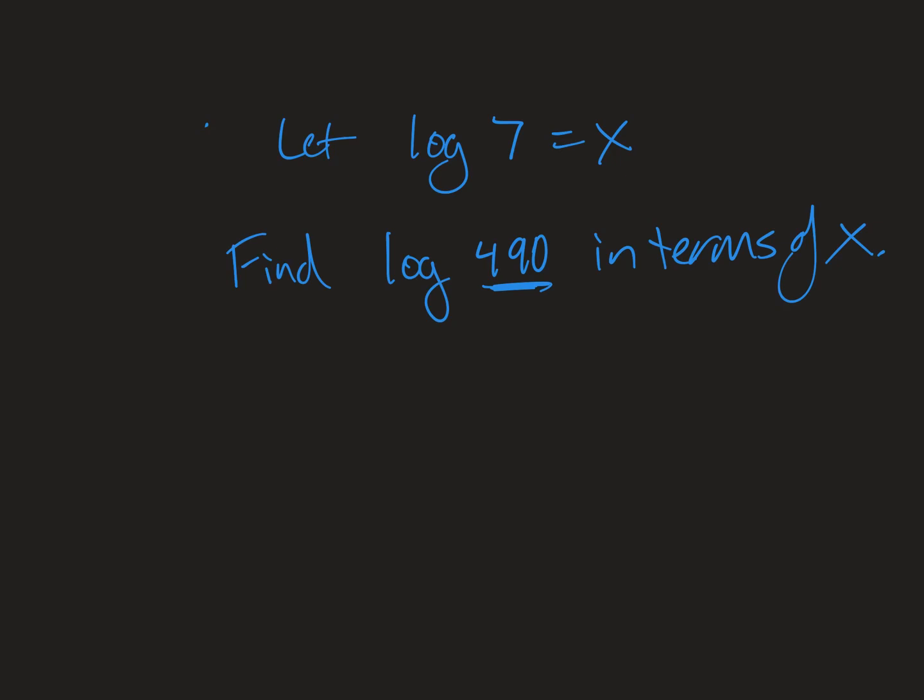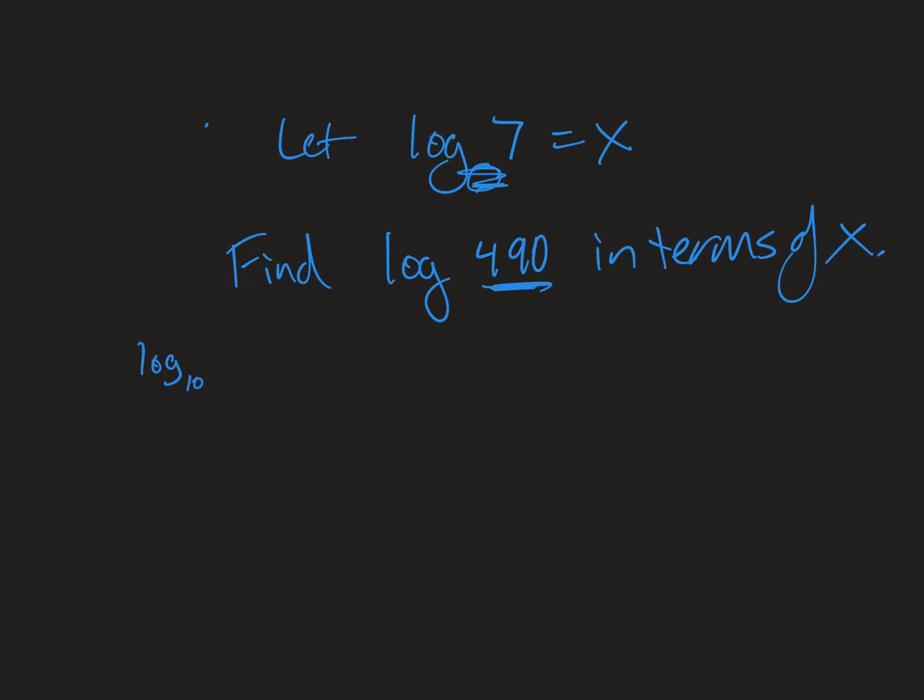I obviously want to think about log base 10 of 7. Remember, if there's no base, it means common log. So log base 10 of 7. But remember what we also know. We also know log base 10 of powers of 10, like log base 10 of 10, log base 10 of 100. So how can I use the properties of logs to break up 490?